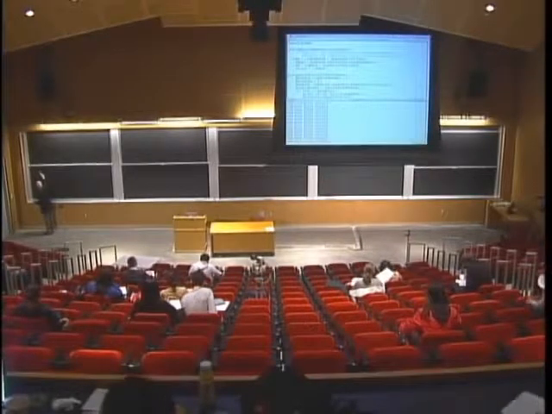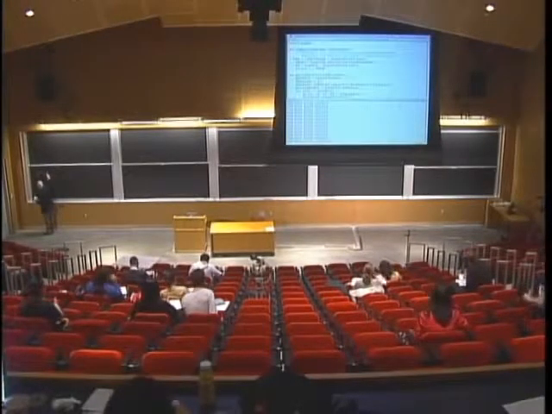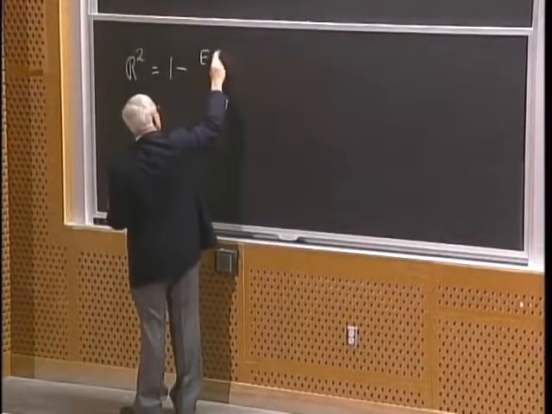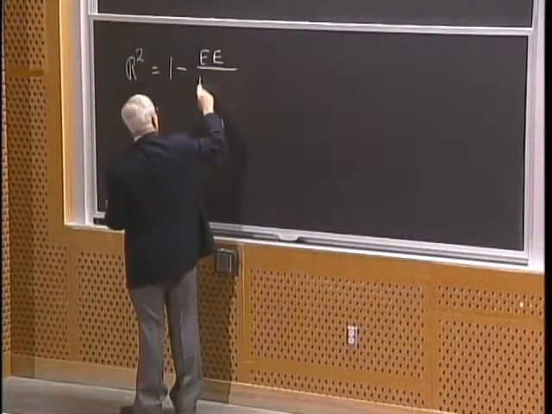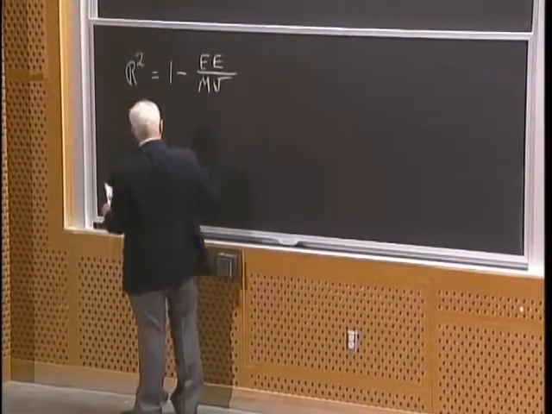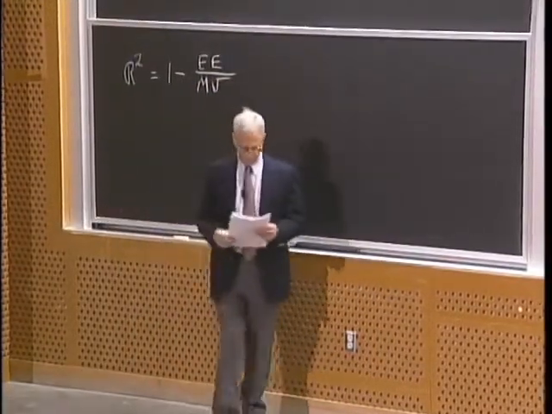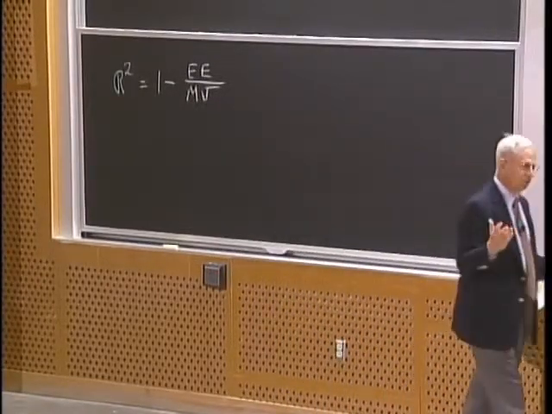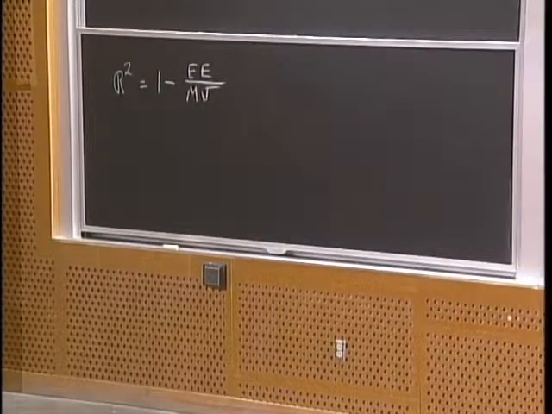We measure the goodness of the fit as R squared equals 1 minus the estimated error divided by the measured variance. As I observed, R squared always lies between 0 and 1.